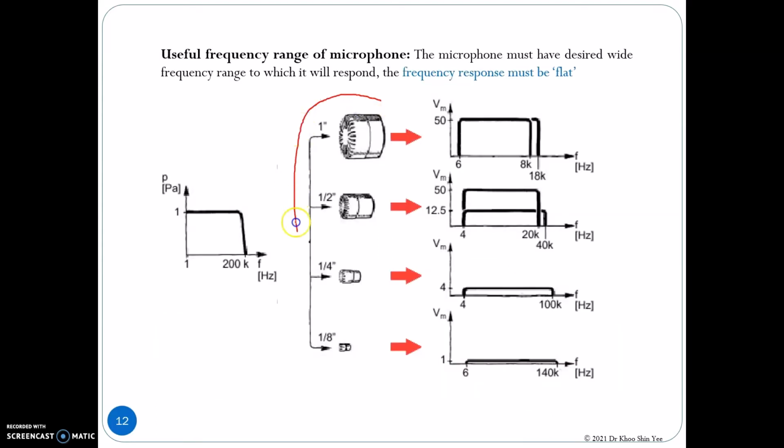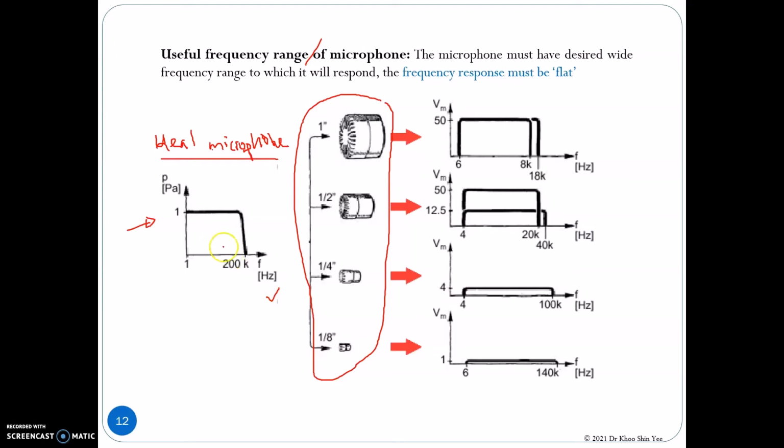The size of the microphone here will affect the useful frequency range for the sound measurement. For an ideal microphone, we will have pressure versus frequency in such a manner, where you can see the frequency response here is flat.